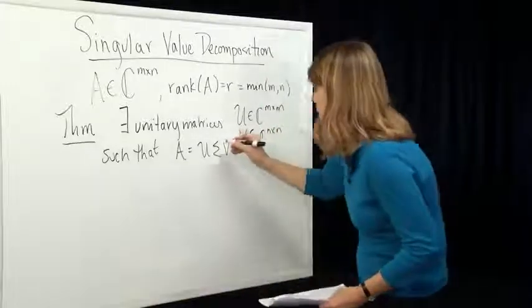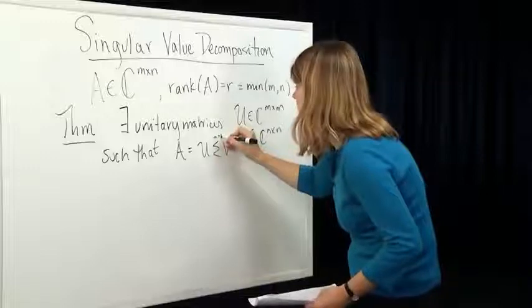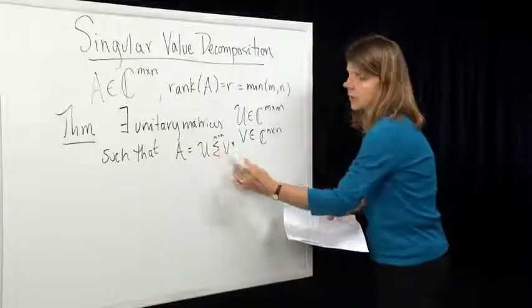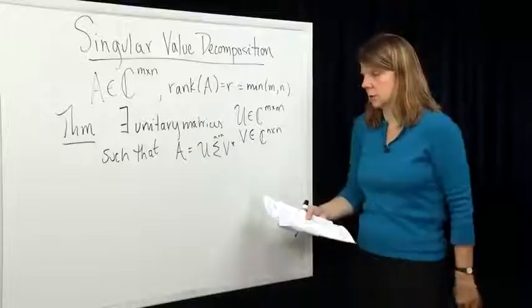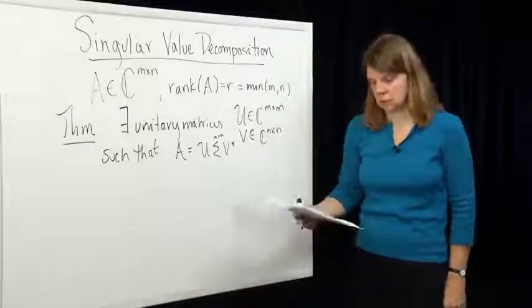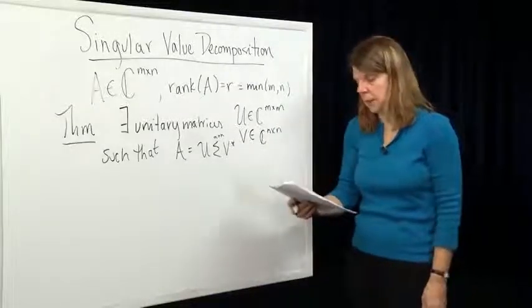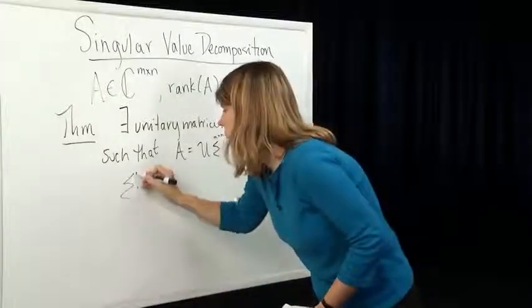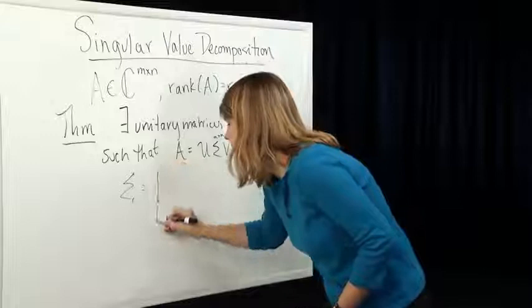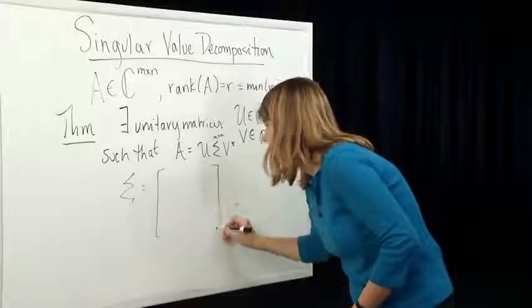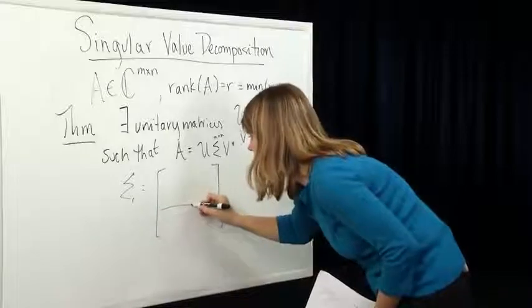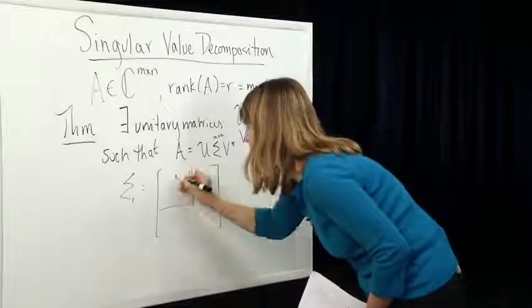Sigma is an m by n dimensional matrix. It's of the same dimension as A, and then U and V are square matrices of these dimensions. So the product is an m by n dimensional matrix, and the product is A. Sigma is a diagonal matrix, which looks as follows. The upper left part of sigma is a square matrix.